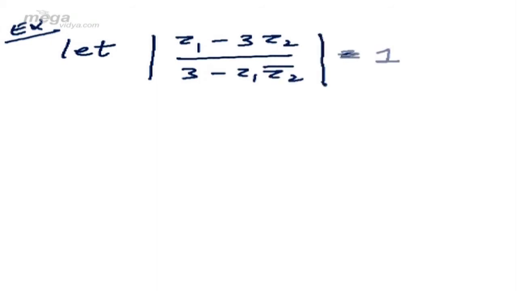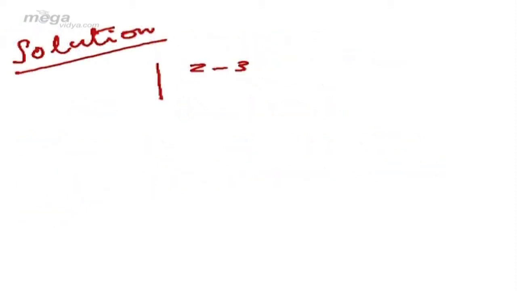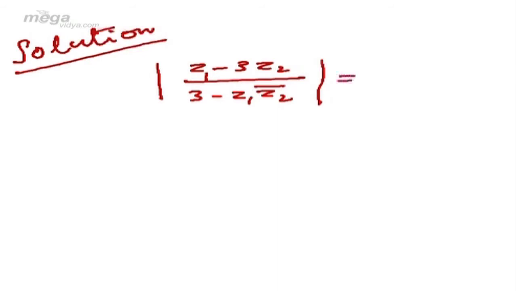Mod of Z1 minus 3Z2 divided by 3 minus Z1 Z2 bar is equal to 1 and mod of Z2 is not equal to 1, where Z1 and Z2 are complex numbers. Find mod of Z1. We are given mod of Z1 minus 3Z2 divided by 3 minus Z1 Z2 bar is equal to 1.